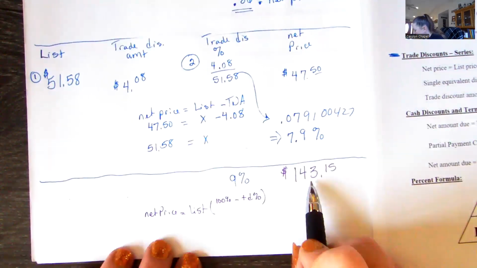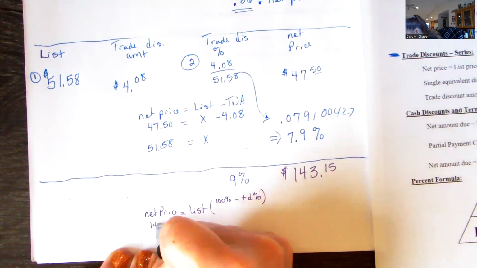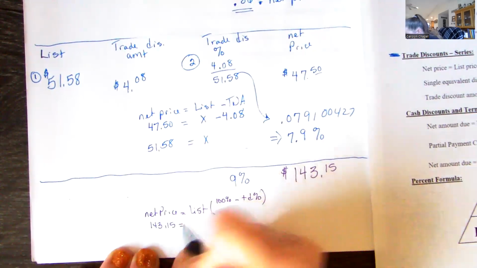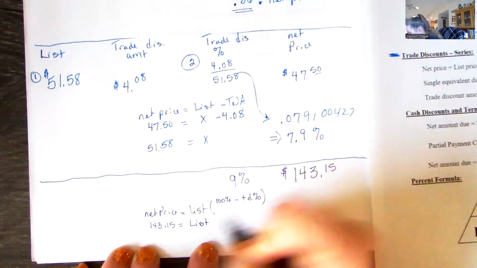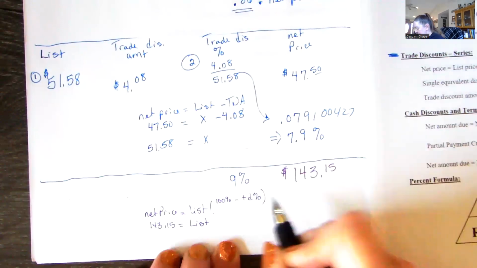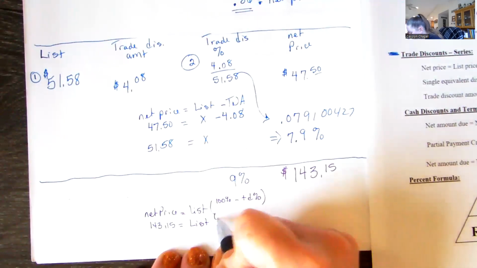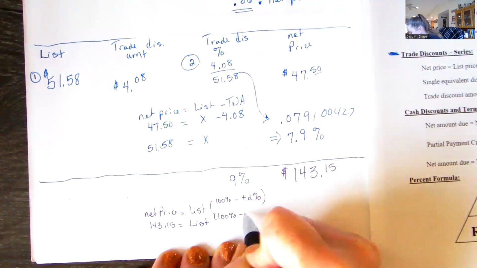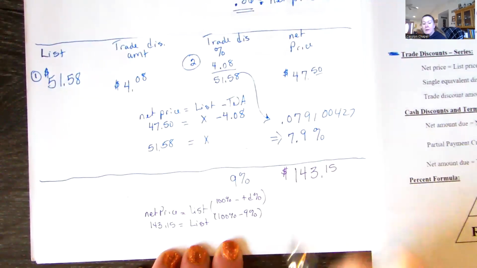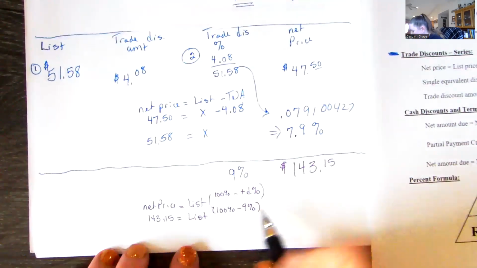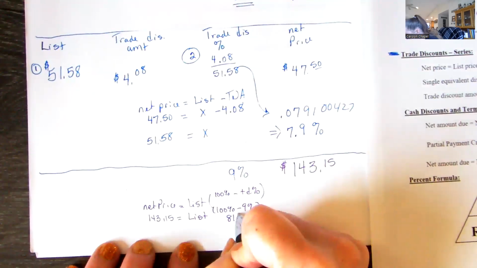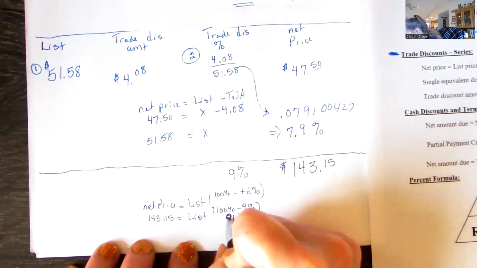My net price is 143.15. We have our list. This is that 100% minus our 9. 100% minus 9 is 81%. Whoops, 91%. Sorry.